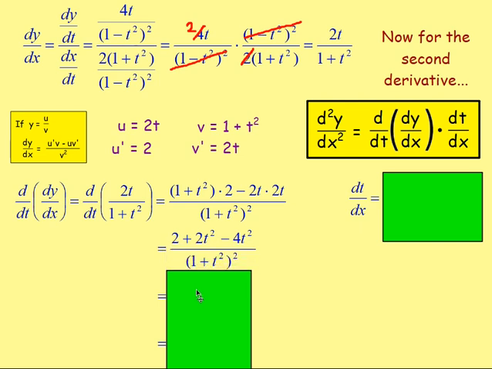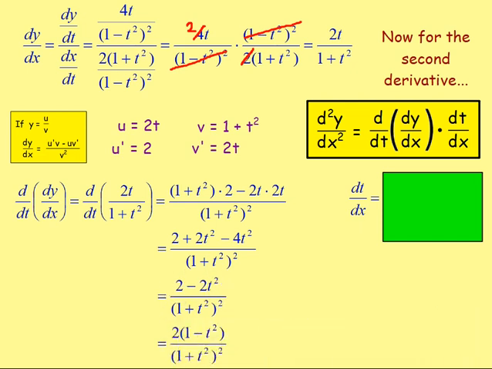The top becomes 2 times the 1 and 2 times the t squared, and then 2t times 2t is 4t squared. We've got 2t squared and we're taking away 4t squared, which gives us negative 2t squared. The 2 is just staying as it is. Then we could take out a common factor of 2 in the top, which gives us 2 bracket (1 minus t squared).